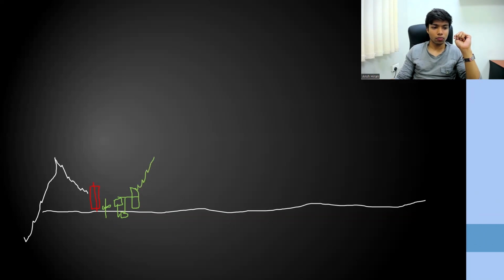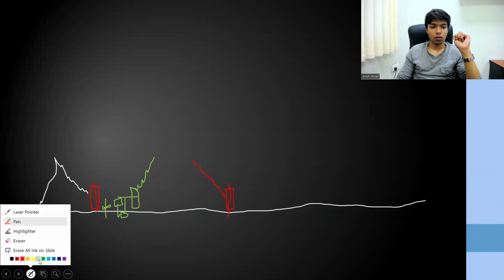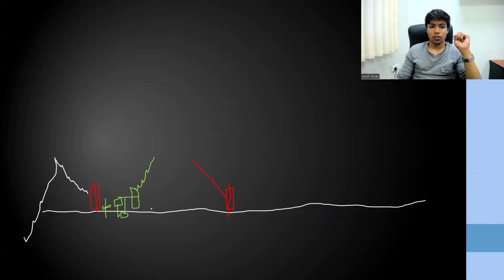Another scenario is the market was going down, made a red candle. So let's say it did not make any pattern as such, but it made a candle like this. It opened at this level. It was going up, up, up.